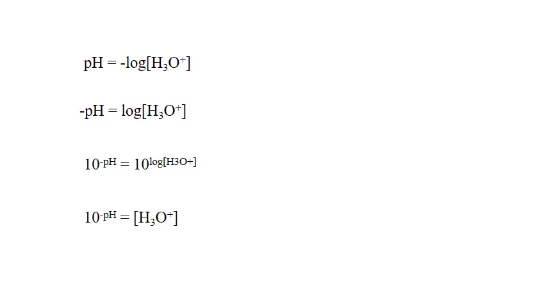And then we remember that log and raising 10 to the power are inverse functions. Put it this way, 10 to the log x is just x. So this right-hand side is simply H3O plus, and we have the relationship that we need. H3O plus is 10 to the minus pH.